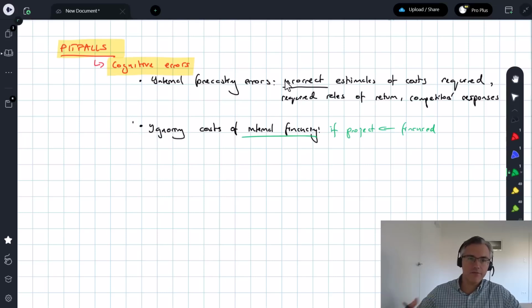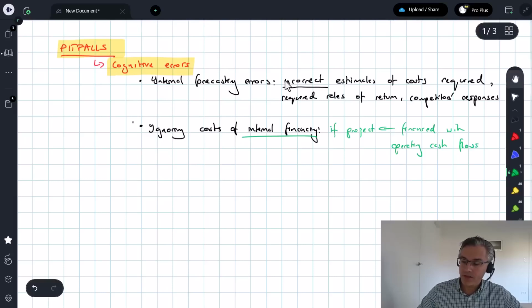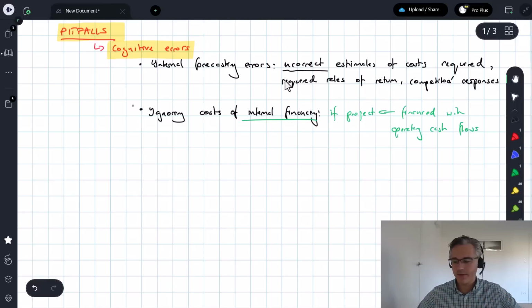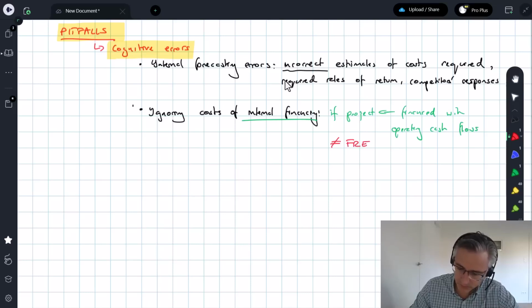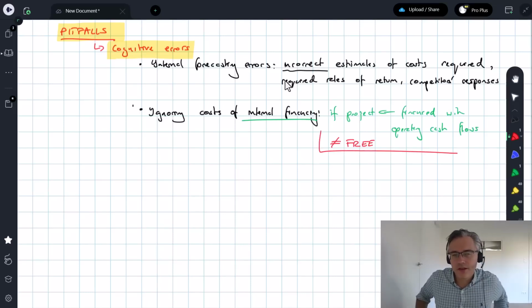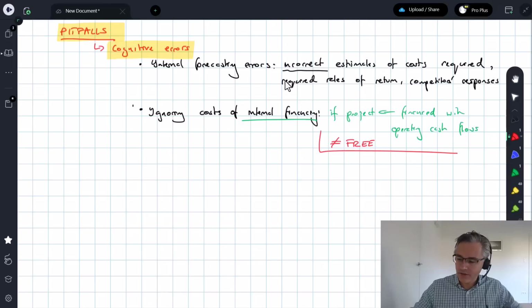So money that's kind of in the company, financed with cash flows from operation, as opposed to being financed via a specific issue of debt or equity. And lots of people assume that because the money is there in the company, it doesn't have a cost associated with it. Well, let me write that this is completely wrong. You shouldn't estimate that the cost of that funding, and therefore the required rate of return, which is a function of the cost, is zero or very low, because that money is not for free.